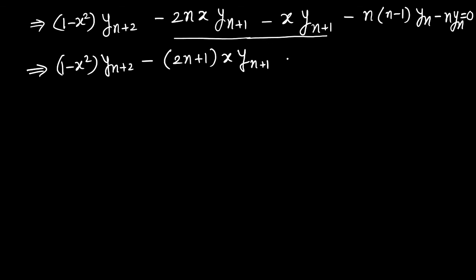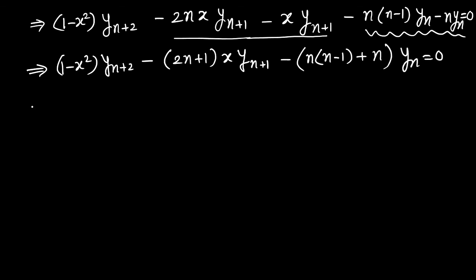Now for the next term, taking the minus sign and yn common, the remaining term is n into n minus 1 plus n, equals 0.